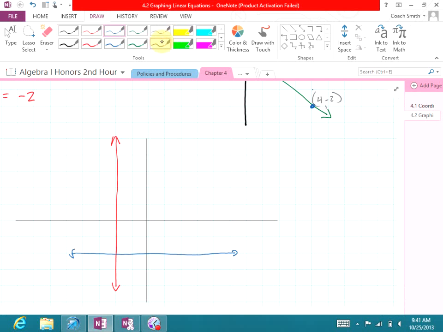Okay, on our vertical lines, each point, let's look at those points.